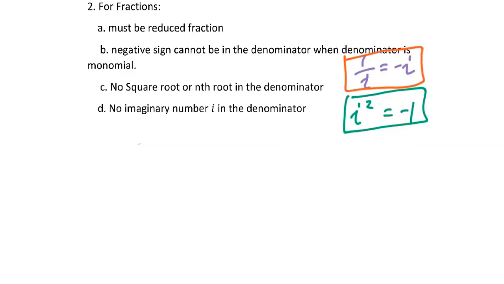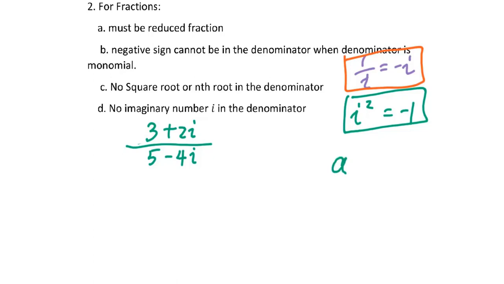When you have something like 3 plus 2i over 5 minus 4i, for example, how do you get rid of the i in the denominator?